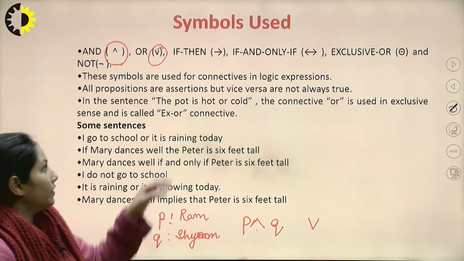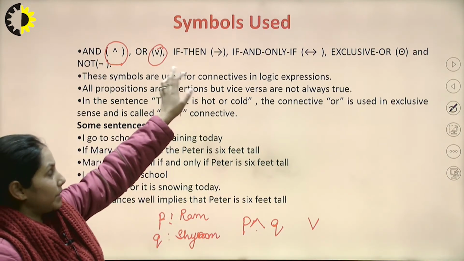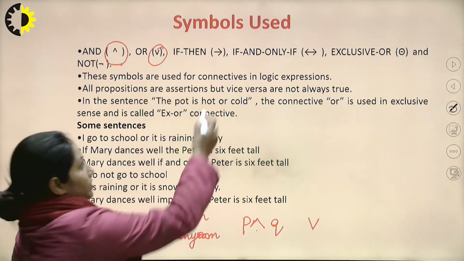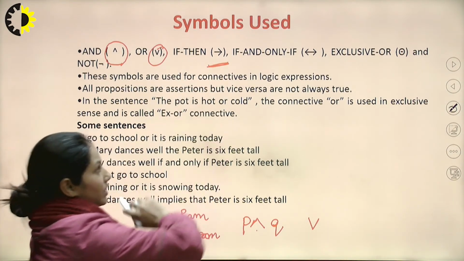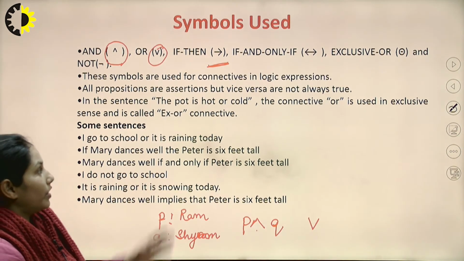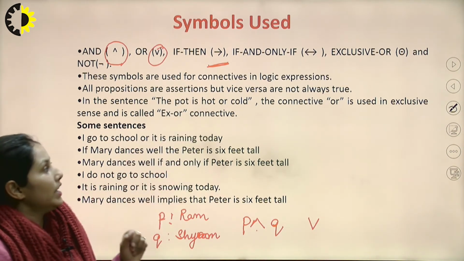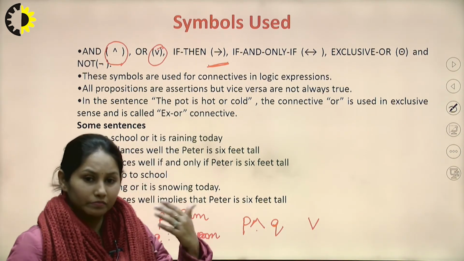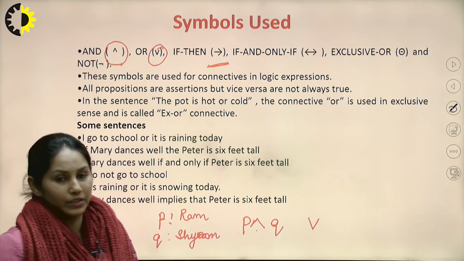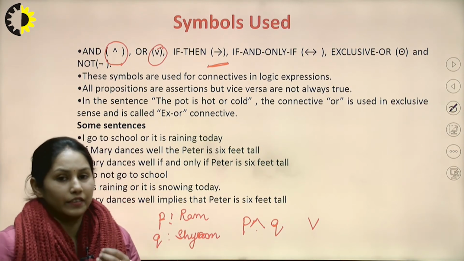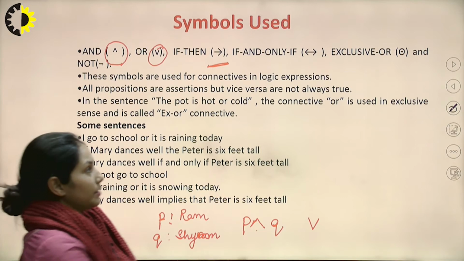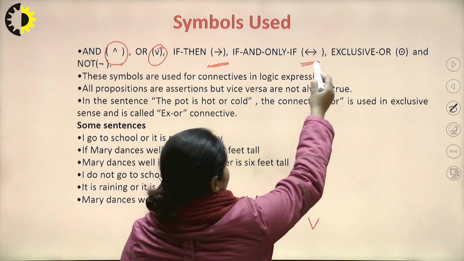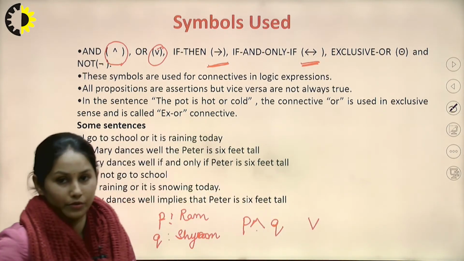A statement using if and then is represented by this connective, an arrow. If you are using if and only if as a connective, then there is a double-sided arrow. That is the representation of if and only if.